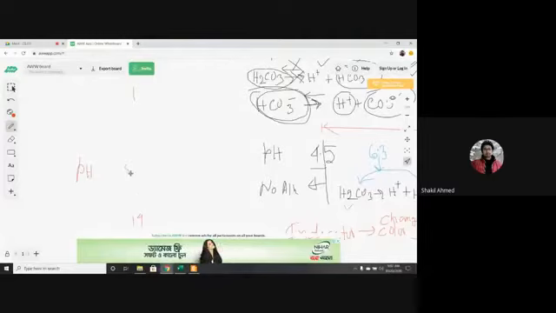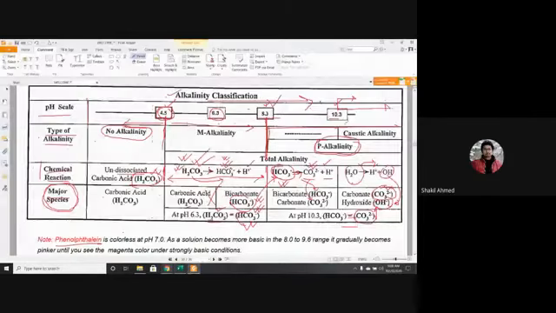So pH 8.3, this portion alkalinity we call what? Phenolphthalein, P alkalinity, because the phenolphthalein indicator changes the color at this point. This is P alkalinity.